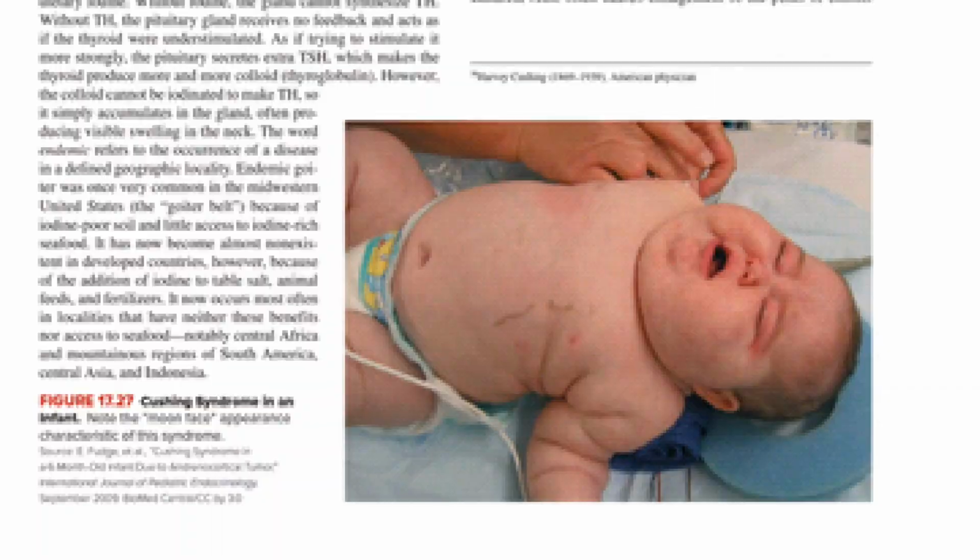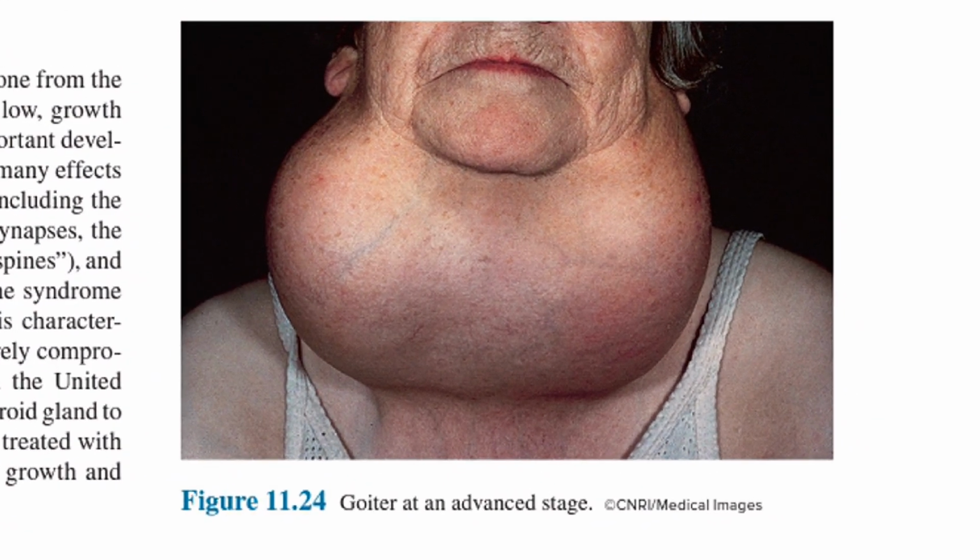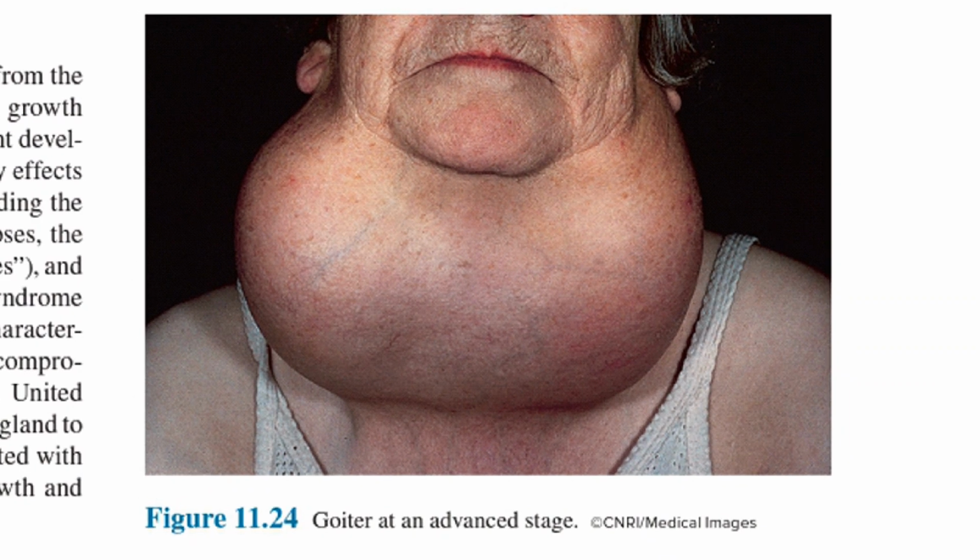With this, we have completed our discussion on goiter. I hope you have enjoyed this lecture on goiter, and I also hope that this lecture will be helpful in your exam preparation and also in your studies.